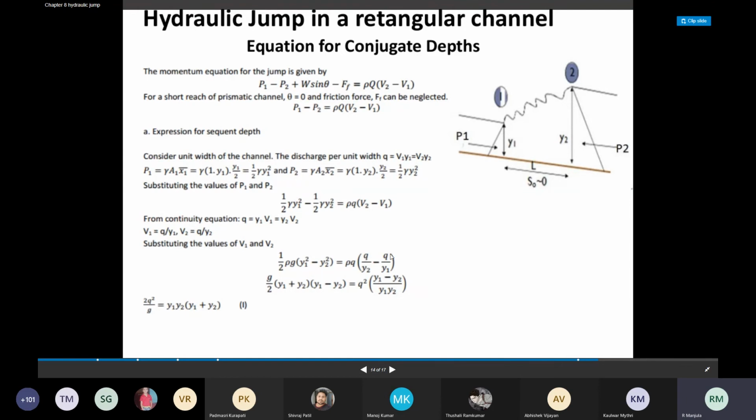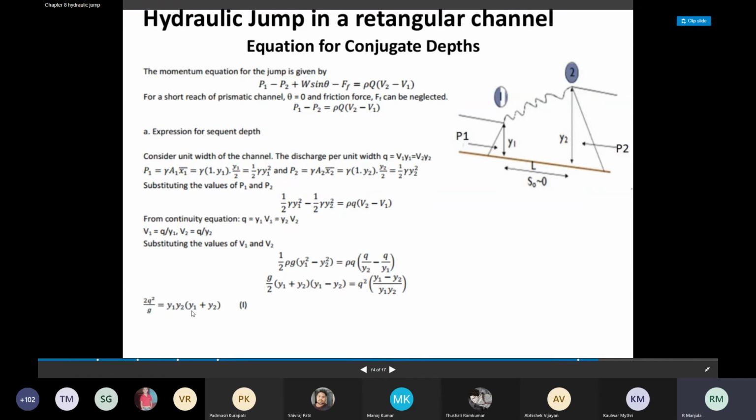So you are writing in terms of discharge per unit width. Please always remember this, discharge per unit width. And this will be, taking out, g by 2 into y1 plus y2 into y1 minus y2. Then on the right hand side you have q square, and the rho gets cancelled. Then you will be having q square into y1 minus y2 divided by y1 y2.